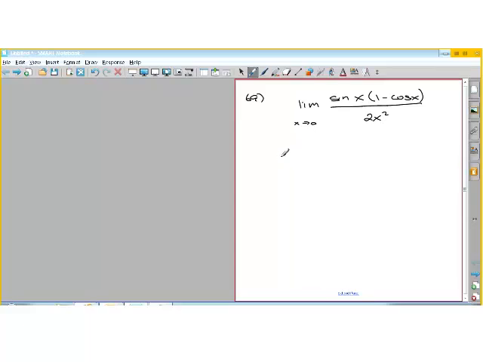So the one involving the sine we've already looked at, which was this one, and then the second one was the one involving the cosine, which is actually 1 minus the cosine of x divided by x, and that's equal to 0.